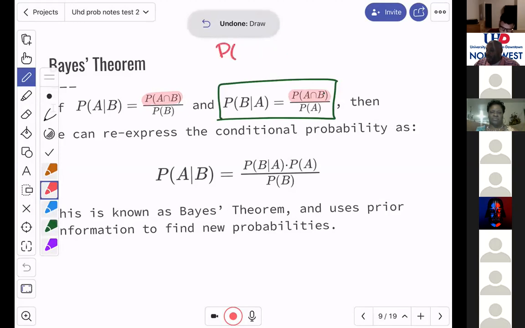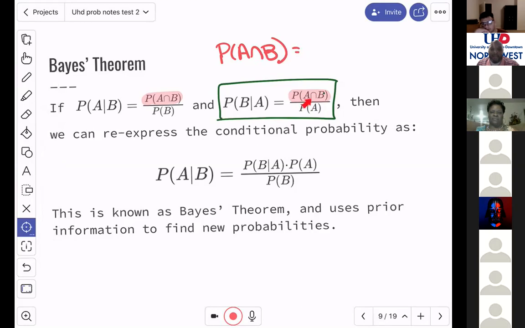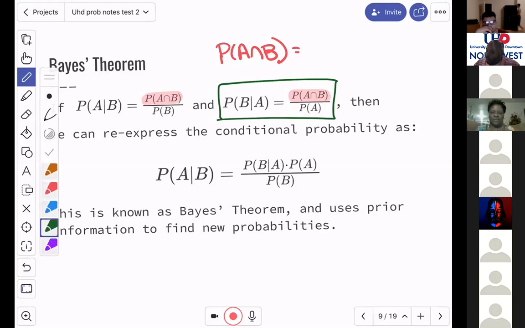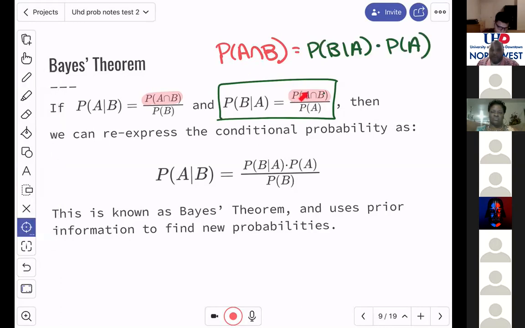The probability of A and B is equal to, if I rearrange this formula for A and B up here at the top, all I have to do is multiply both sides by probability A to move it out the bottom. I'm going to get this right here: the probability of B given A times the probability of A. So I'm able to re-express this term right here using this formula right here.